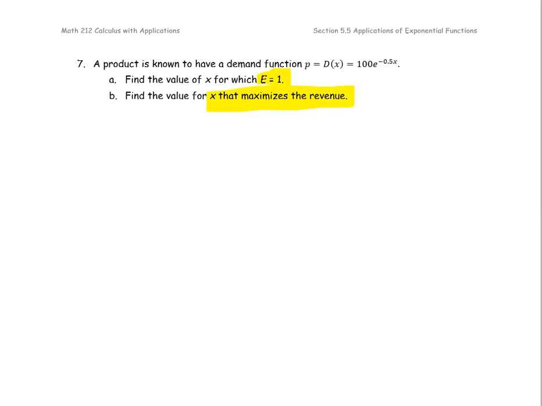For the function D(x) equals 100 times e to the power negative 0.5x, the derivative, or the rate of change of the demand function, is 100 multiplied by the derivative with respect to x of e to the negative 0.5x. Recall this is e to the power of a function, so name the function g of x.